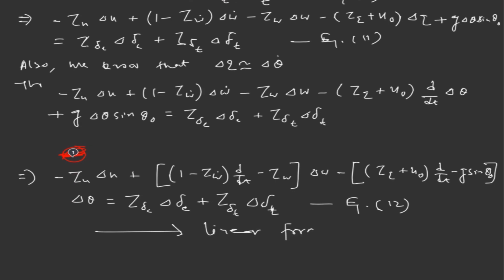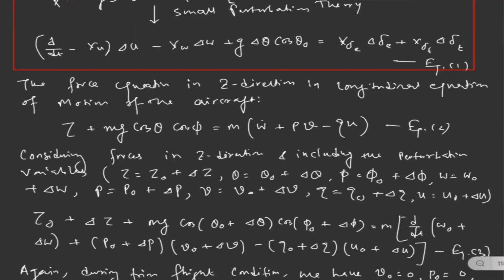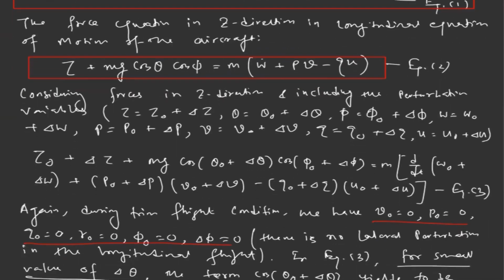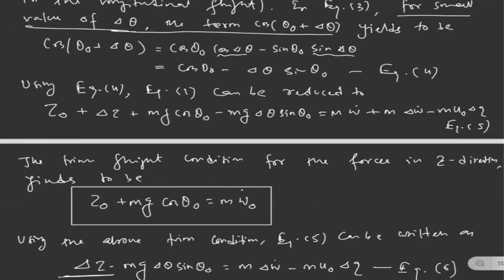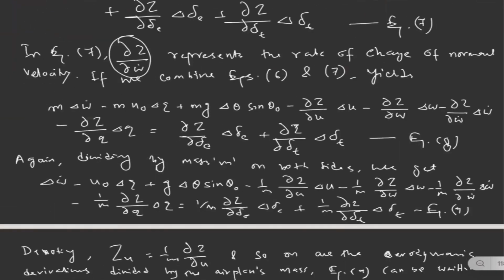We started with the nonlinear equation of the force equation along the z direction, and finally came up with the linear form. So using the concept of small perturbations, we come up with the linear form.